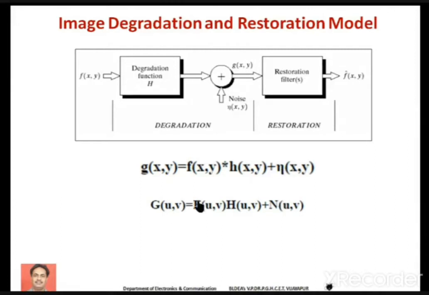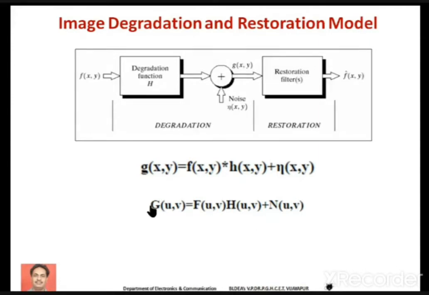Here, capital G of u comma v is the Fourier transform of g of xy, F of u comma v is the Fourier transform of f of xy, and similarly capital H of u comma v corresponds to the Fourier transform of h of x comma y. Remember, this is the basic equation of the image degradation model.